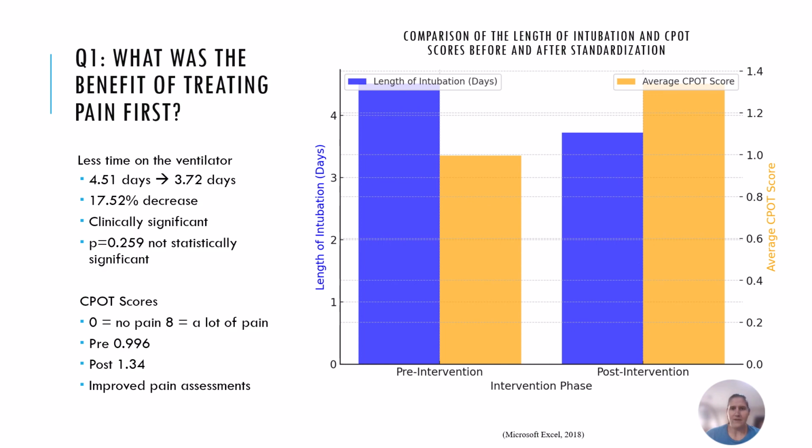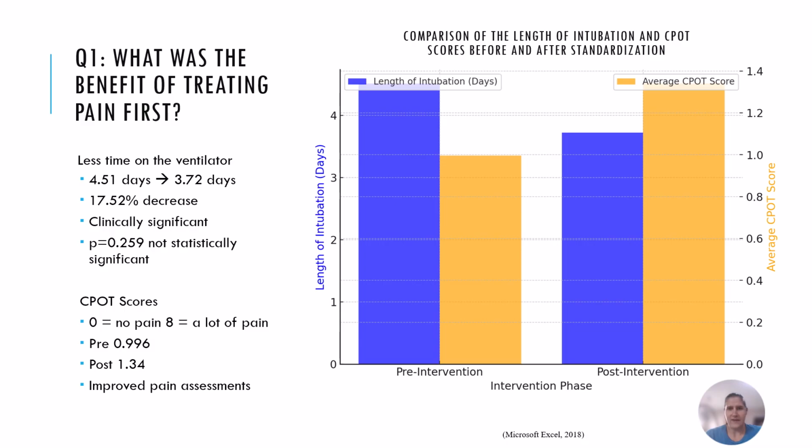The average length of intubation decreased from 4.51 days to 3.72 days, although the Mann-Whitney U test showed no statistical significance for the reduction. The average CPOT score for the pre-intervention was 0.996 and the post-intervention was 1.34.